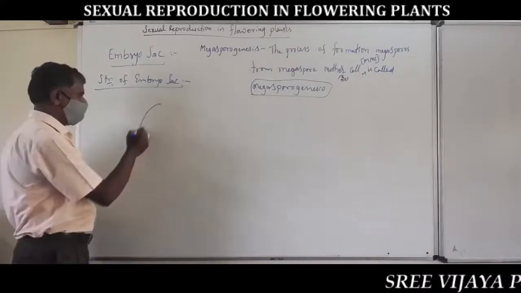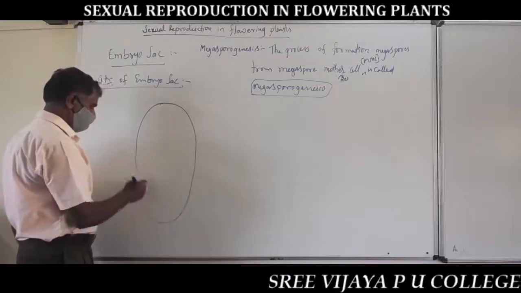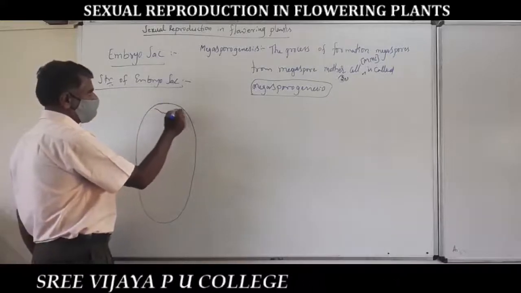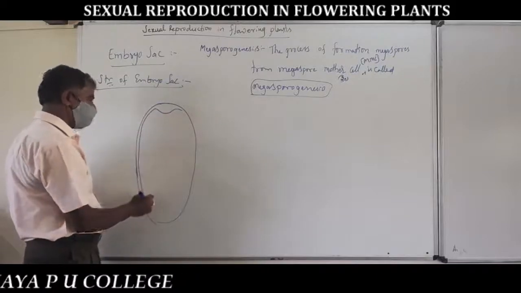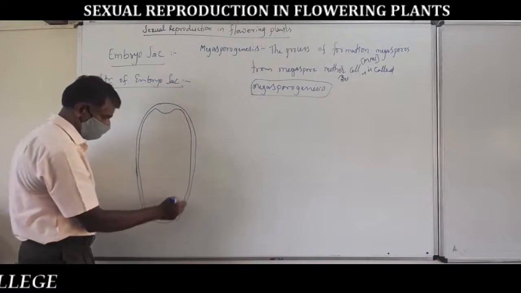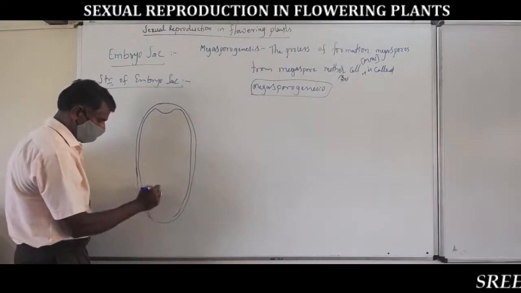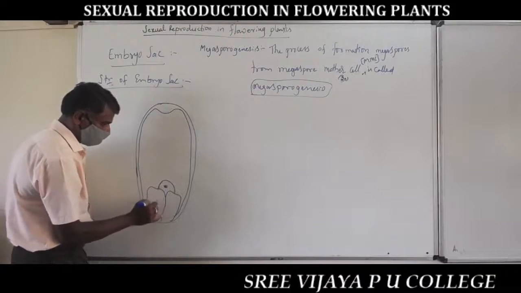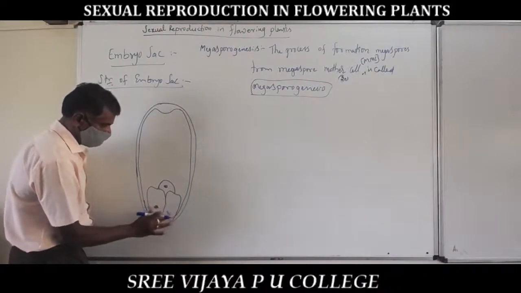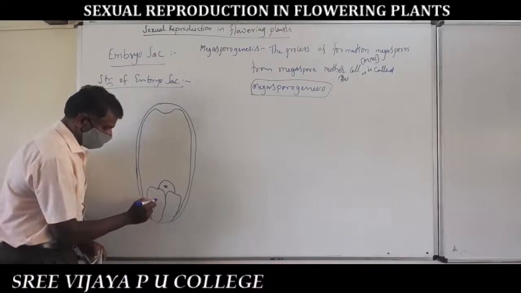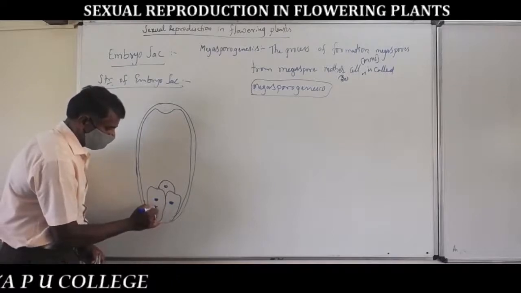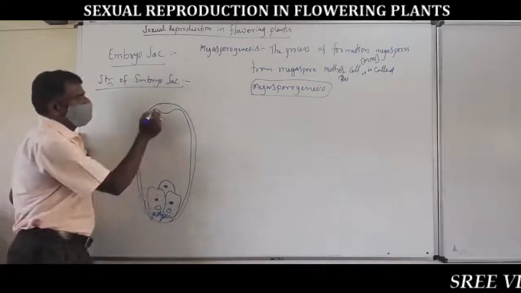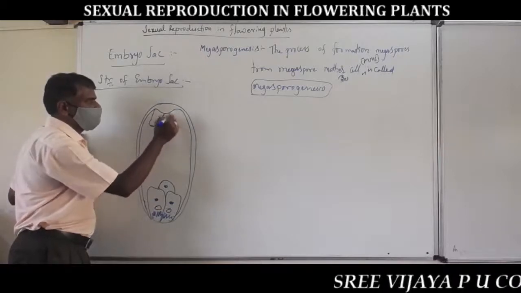It consists of seven cells. At the chalazal end it consists of three cells.